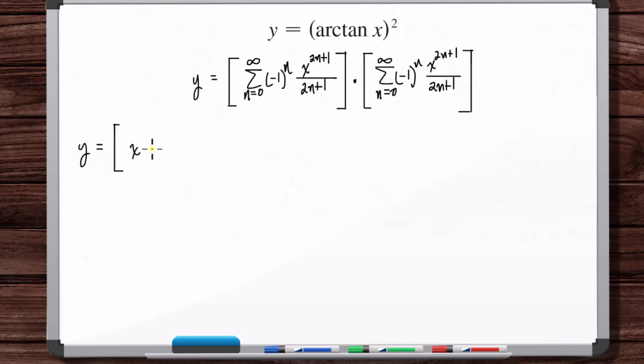So x, then minus, when n is equal to 1, you've got x cubed over 3. When n is equal to 2, it's going to be 1/5 x to the 5th. And then you can see the pattern.